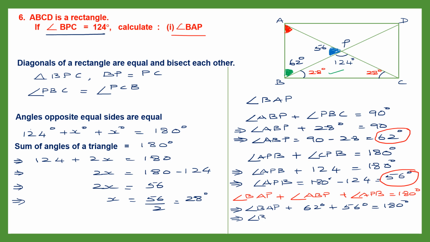Angle BAP plus 62 plus 56, that will be 118 degrees, is equal to 180. So angle BAP is equal to 180 minus 118, which is 62 degrees. So we have found the value of angle BAP, and that is 62 degrees.